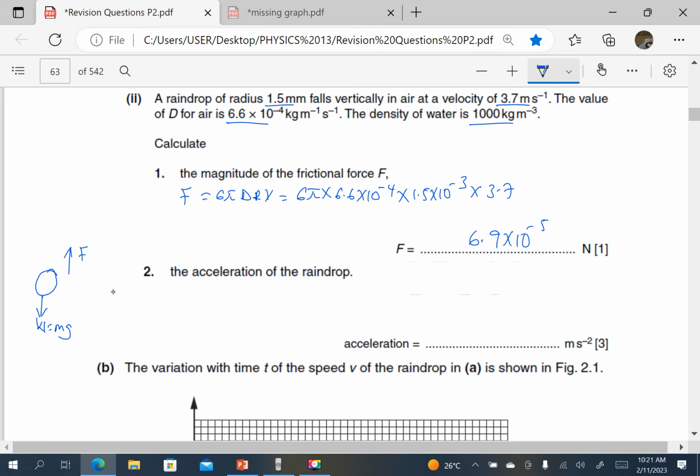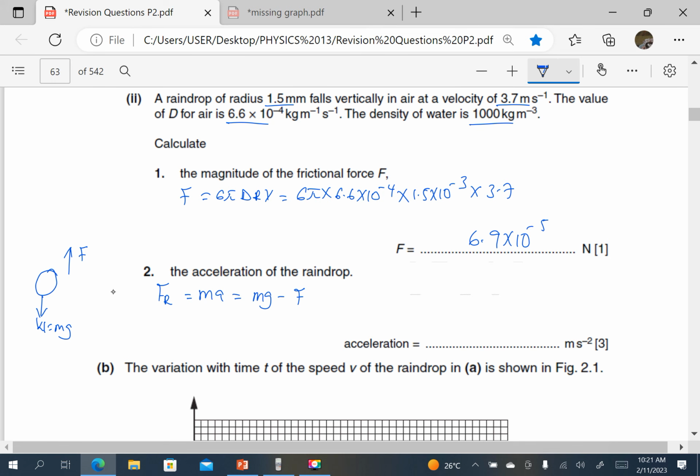Remember the resultant force is equal to mass times acceleration, which is the difference between these two. So the resultant force, I'll use Fr, which is given by mass times acceleration, is equal to the weight downwards, mg, minus the frictional force F upwards.